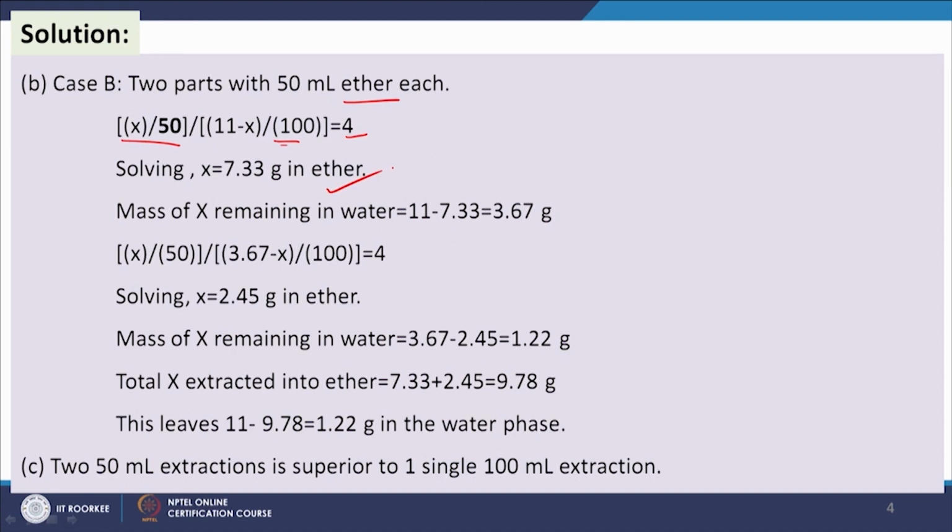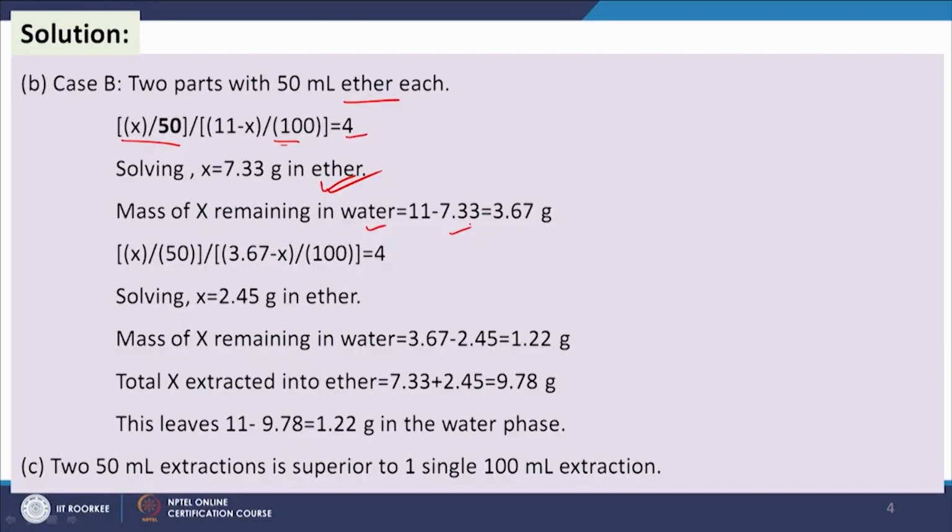So, with the first 50 ml of ether, 7.33 gram is coming. So, the mass of x remaining in the water is 11 minus 7.33, equal to 3.67. Again we add 50 ml of ether to it, mix and separate, and then x will come into the ether again.